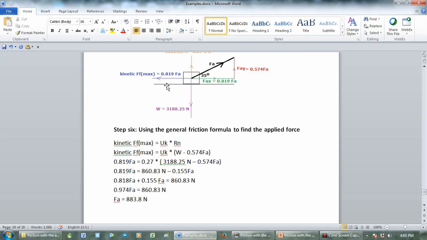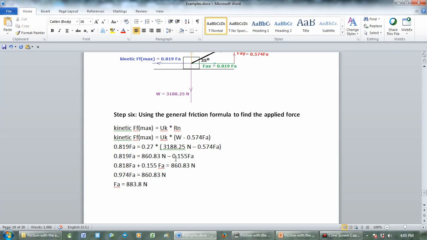So maximum kinetic friction force 0.819 FA equals coefficient of kinetic friction 0.27 times the weight 3188.25 minus 0.574 FA. Multiplying these together, we get 0.819 FA equals 860.83 newtons minus 0.155 FA.